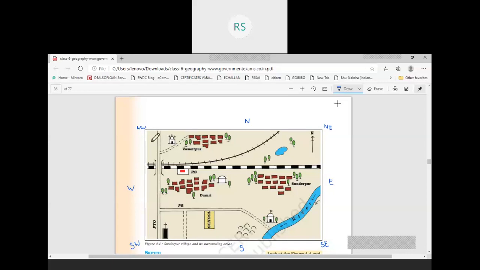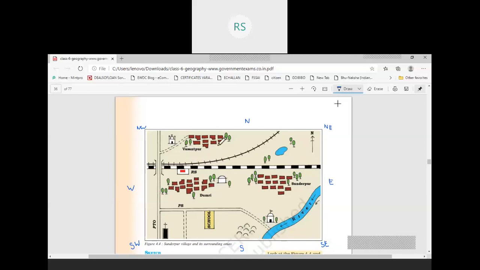Okay, this is Sundarpur village, and these are the settlements. These are the houses where people used to live. Okay, and this is the neighborhood area which is called Dumri. And in Dumri there are also settlements, and this is also a neighborhood area which is called Vasantapur, and in this Vasantapur also we find settlements.